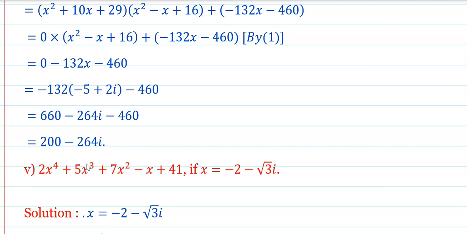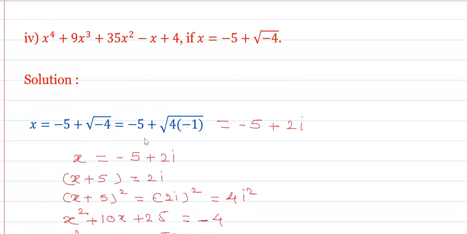Minus 132 into 2i, you will get minus 264i, minus 460. 660 minus 460, you will get 200, and the minus 264i. This is the value of the polynomial.